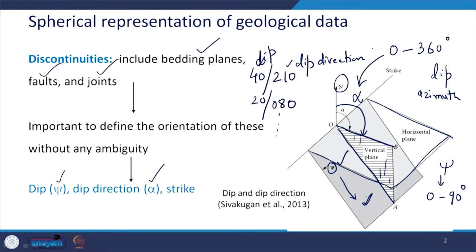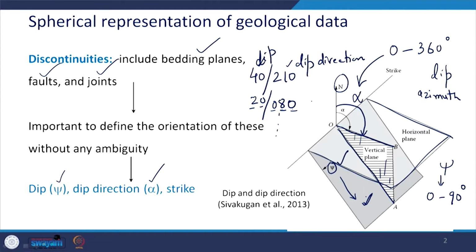The dip is always specified in 2 digits, and in order to differentiate, dip direction is denoted in 3 digits. So, even if it is, let us say, 80 degrees, we will add a 0 before that and write 080. This is how the representation is going to be. This is what we are going to follow.